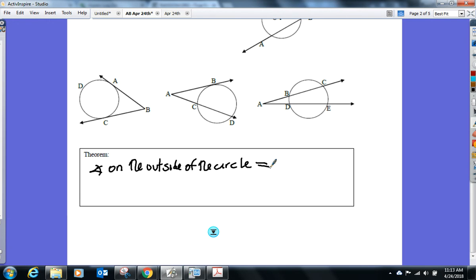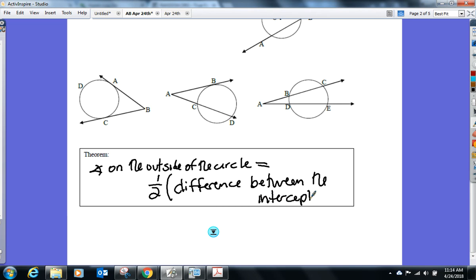Today, you're going to subtract them and take half of them. So it's going to be equal to half the difference between the intercepted arcs. Half the difference between the intercepted arcs.